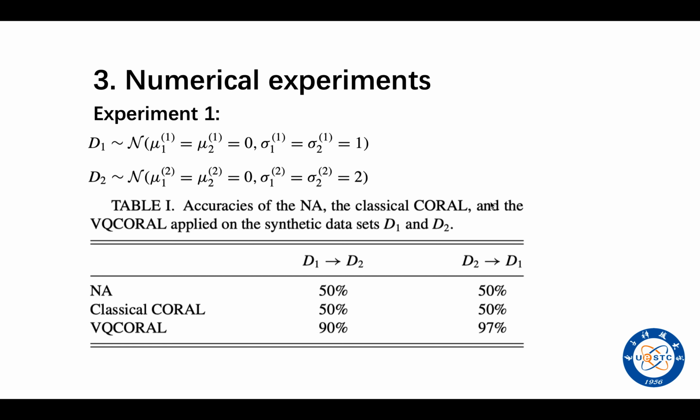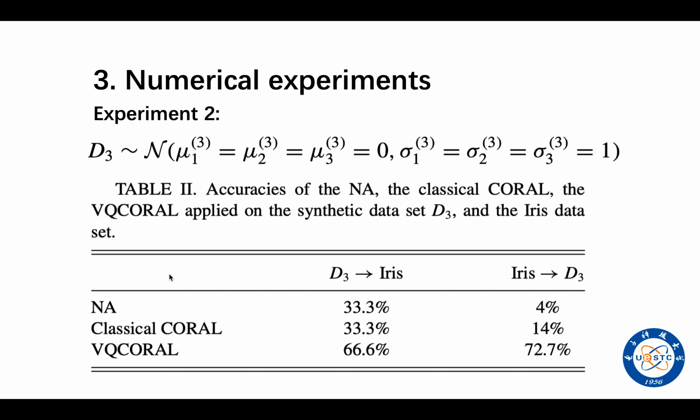For the two synthetic datasets generated from different distributions, the VQCORAL outperforms the classical CORAL and the NA model with a 2-qubit, L-layer variational quantum circuit. For the synthetic iris datasets, the VQCORAL also shows outstanding performance with a 2-qubit, L-layer parameterized quantum circuit compared to the other two models.